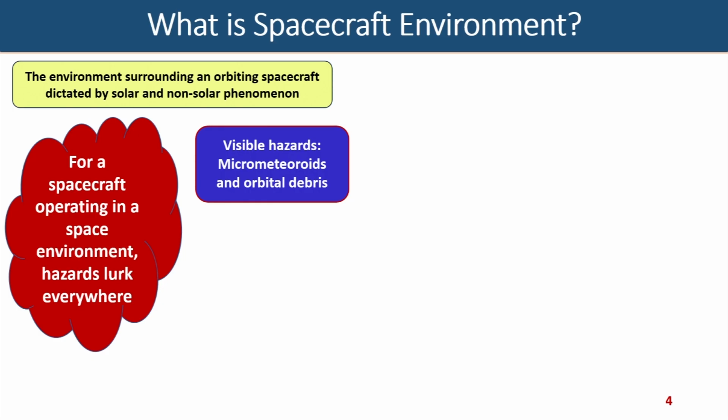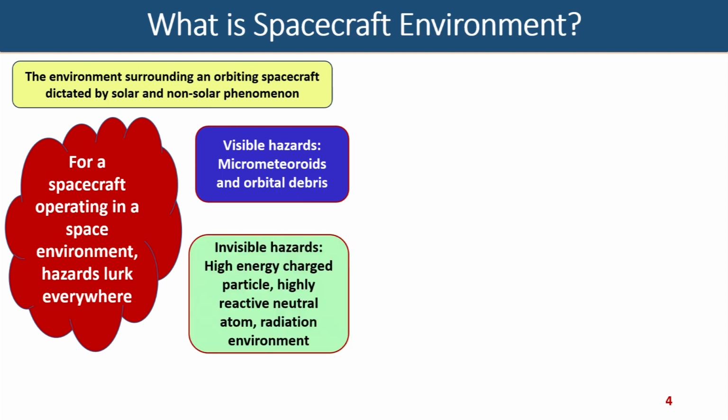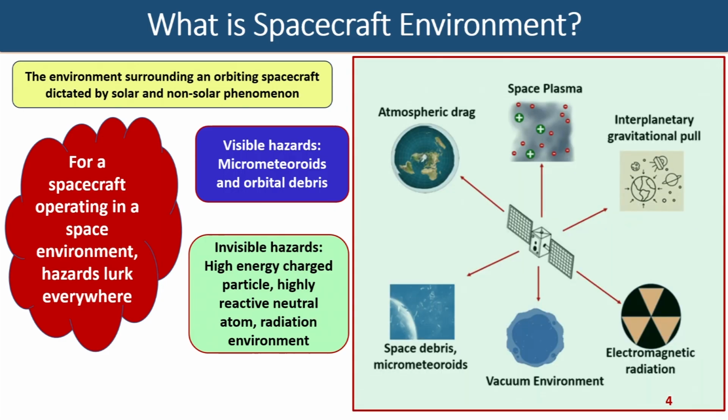In subsequent lectures we will explain what micrometeoroids and orbital debris are, but these are hazards which can be seen. There are invisible hazards like highly energetic particles, highly reactive neutral atoms, and the radiation environment. So, these are all invisible environments.